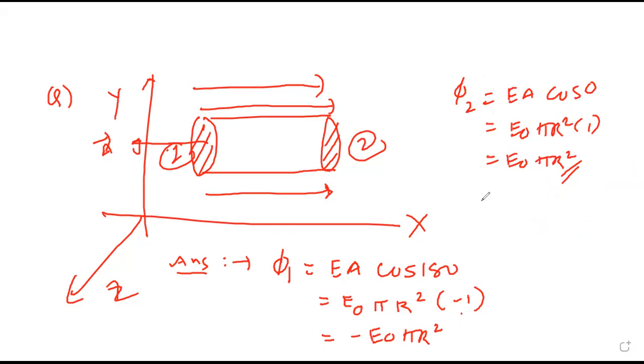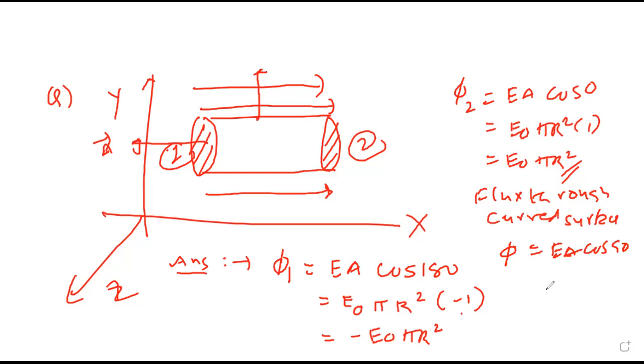Flux through the curved surface: the area vector will be perpendicular, so the flux will be E A cos 90, which becomes E A into 0, equal to 0. Agreed? What will be the total flux then? 0, because phi 1 and phi 2 are minus and plus, and the curved surface is already 0.